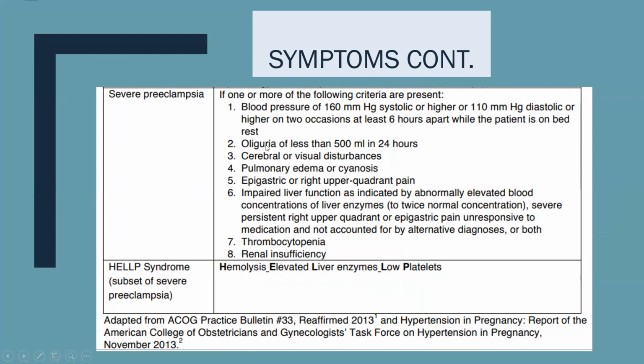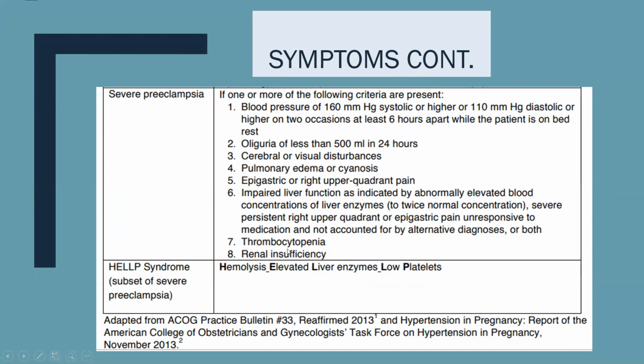If they have decreased urine, less than 500 mLs in 24 hours, they start having those visual disturbances or headaches that doesn't go away with Tylenol. They start to have pulmonary edema or any sort of cyanosis, epigastric or right upper quadrant pain. This is related to their liver. Their liver is reacting to the inflammation. They will start to have impaired liver function. Their liver enzymes will be off.